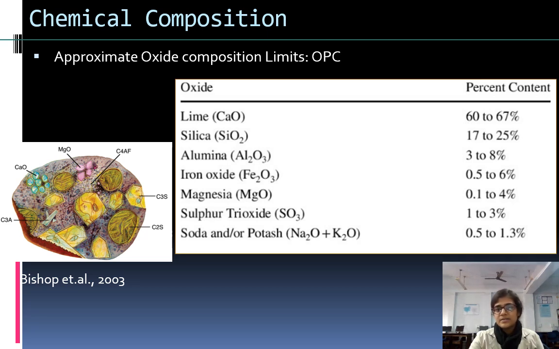The various percentages are also given here. Lime and silica, you can see, are the major components of the cement. The same can be seen from here. This figure is a magnified image of a cement particle, and here you see all the products.